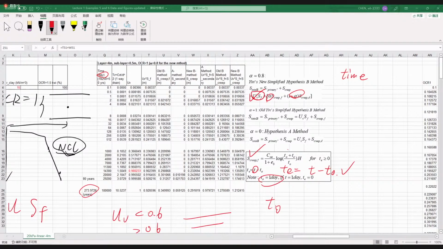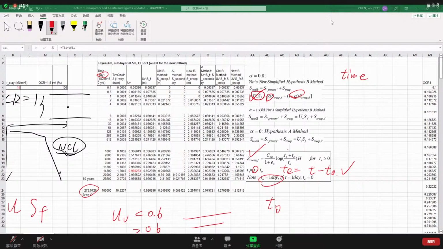Then if we use the new simplified method, the purple one with the red circle here, this one is the best one, right? Because they are closer to each other, the red circle with the purple line.